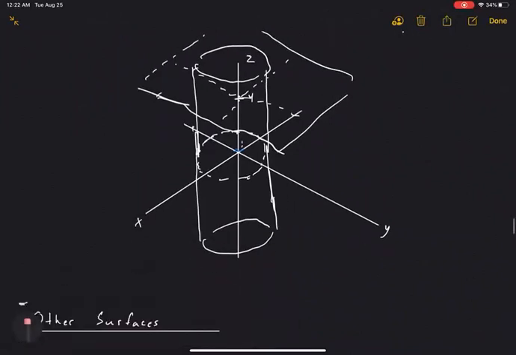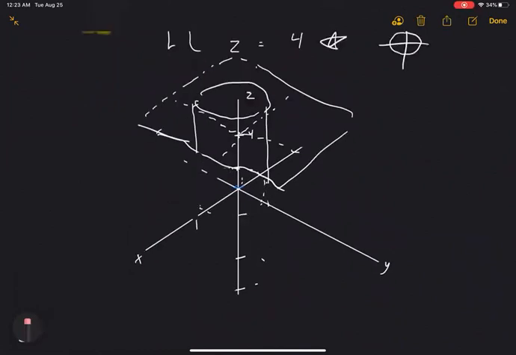It wouldn't be any of this cylinder up here. It would really just be where this plane intersects that cylinder.